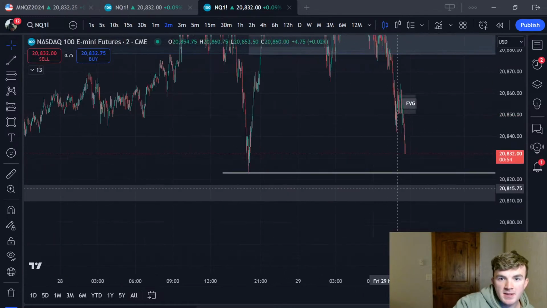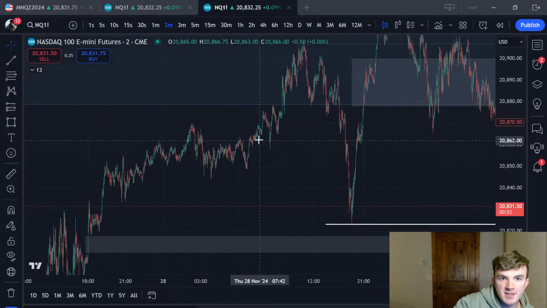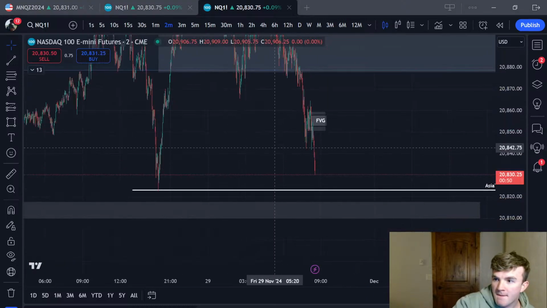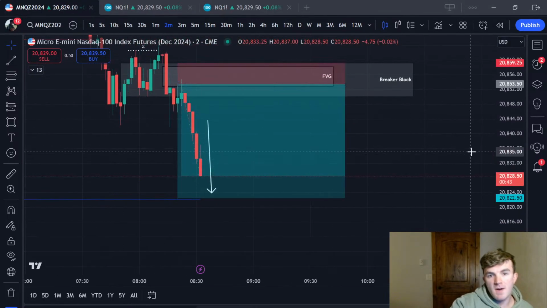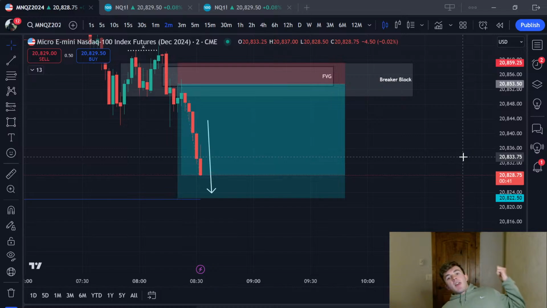But I would like to take a trade to the downside since our bias is so bearish. But yeah, just like we anticipated, we're almost down to that low. This was an excellent trade.